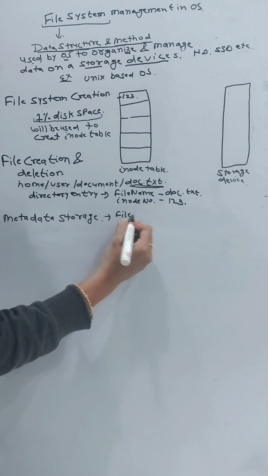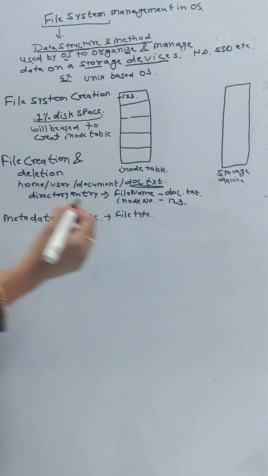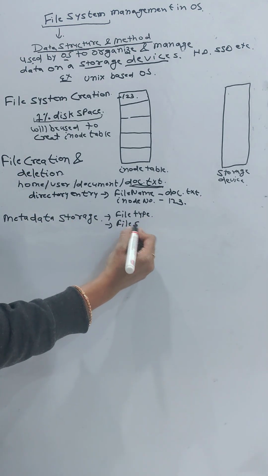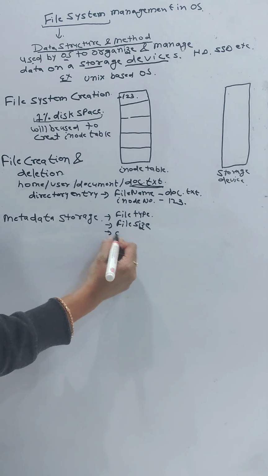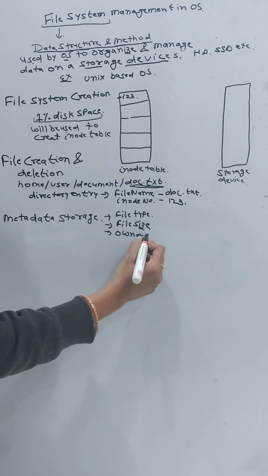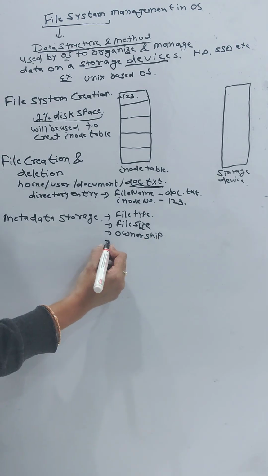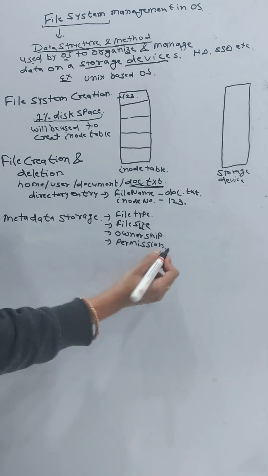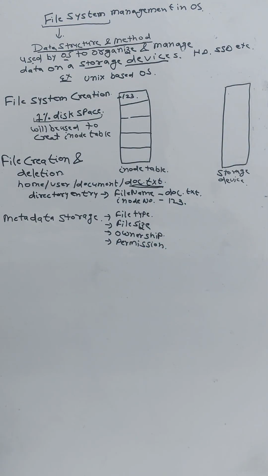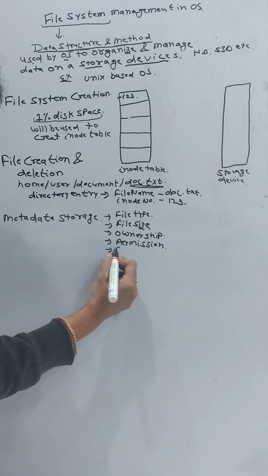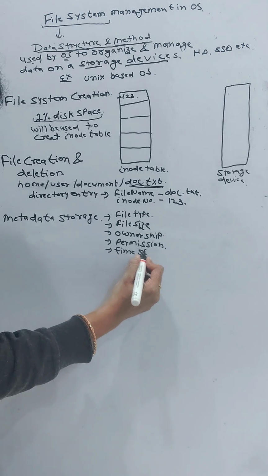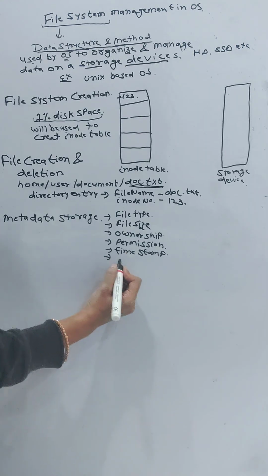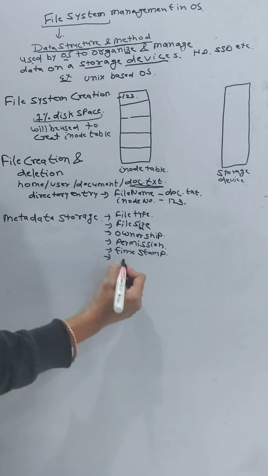File type, file size, ownership, permission, timestamp, and address of disk block.